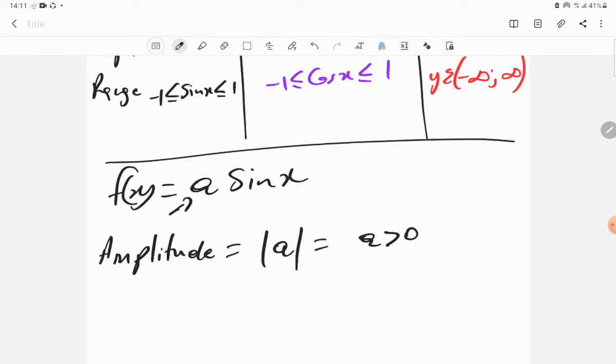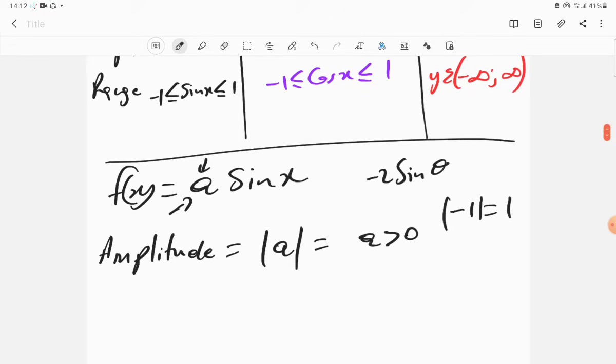So even if you have negative sine theta, you just have -1, but now having -1, it is always going to give you the positive value of a. So a is negative, but the amplitude is just going to be positive 2. So that is what makes a different from the amplitude. a can be any value, but amplitude is always the positive value of a.